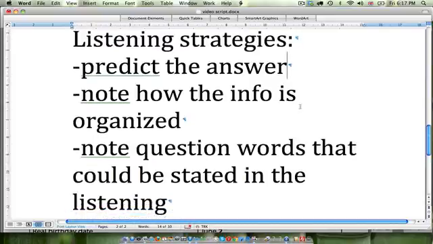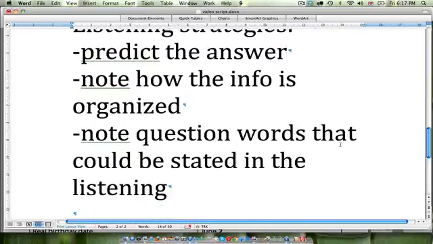There's always an organizational pattern to every IELTS listening task. So whether it's chronological or in groups, we need to figure out how this information is organized, and this will help position us as we listen for the answers. We want to note the question words that could be stated in the listening.